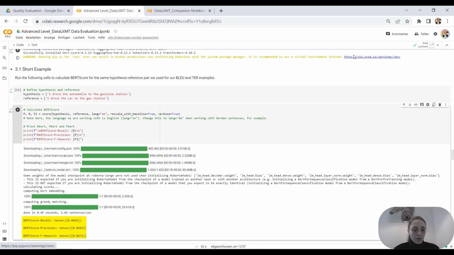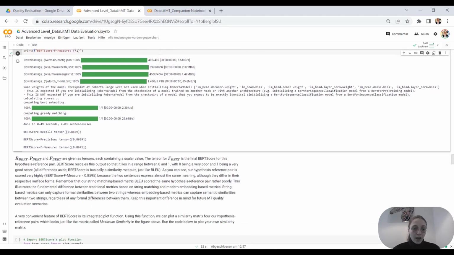So this combined score of 0.86 is our BERTScore. We can see once again that we get a value that lies between 0 and 1. So BERTScore is calculated between 0 and 1, and we get them as tensors. And we can see that the value of 0.86 is relatively high.